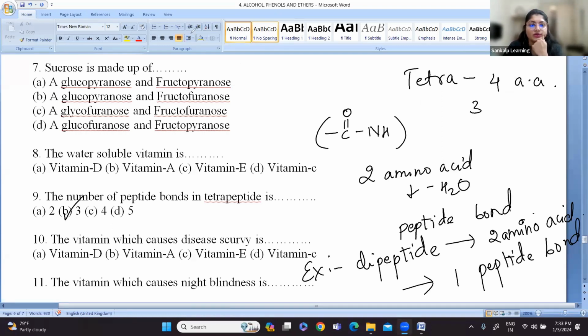Okay, so good. Fine. Next question. The vitamin which causes the disease scurvy is.